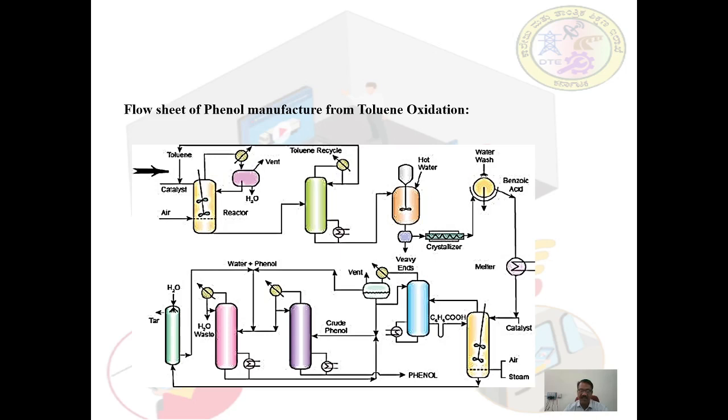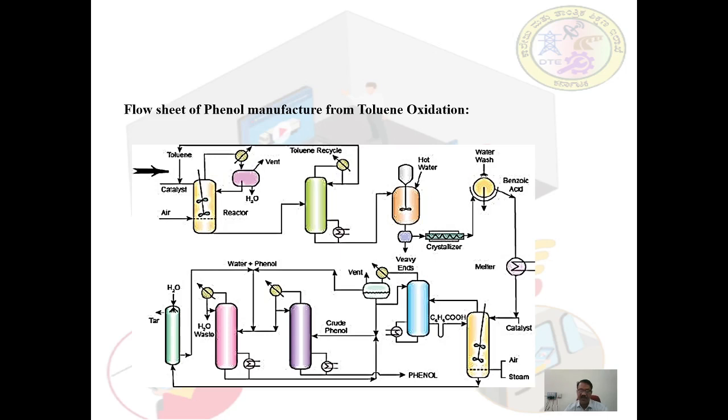The organics then enter a hot water wash unit where hot water extracts the benzoic acid, which dissolves. All other impurities do not dissolve in water and leave the wash unit as heavy ends.